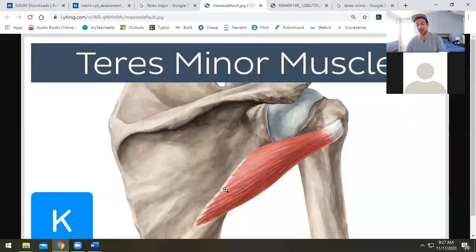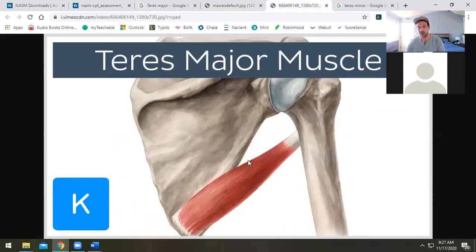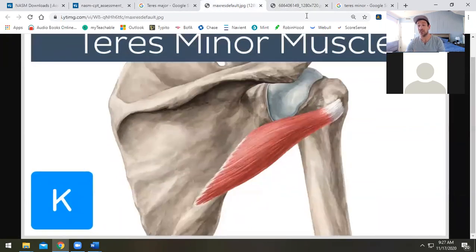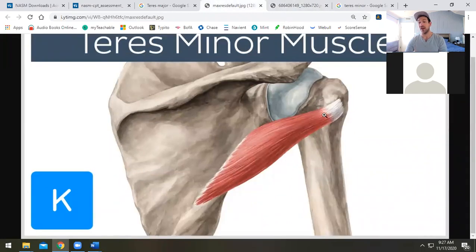So there's your teres minor. It's originating just above that teres major. Teres major is down here, right? Teres minor is up here. But then look at how the major goes under the arm and inserts on the front of the bone. Teres minor inserts onto the back of the bone. And so the teres minor pulls this way, and the teres major pulls this way.